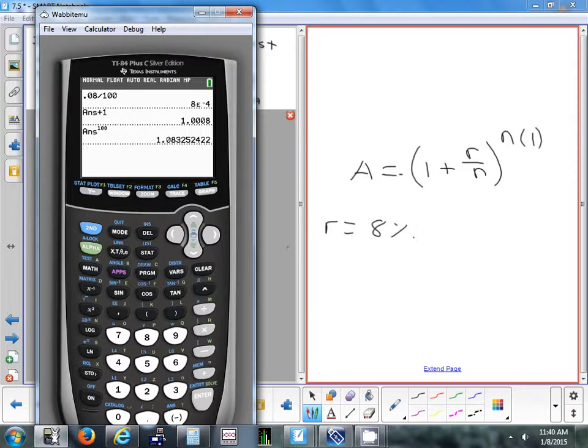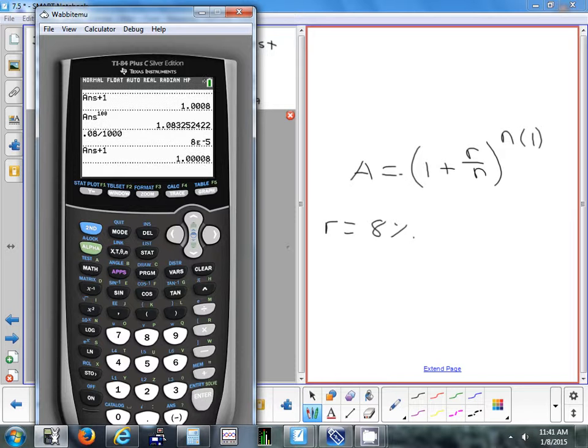Now let's try it for something even bigger. Let's try 1,000. Let's take our rate divided by 1,000, okay, plus 1. I'm going to raise that to the 1,000th power. Okay, we get 1.08.